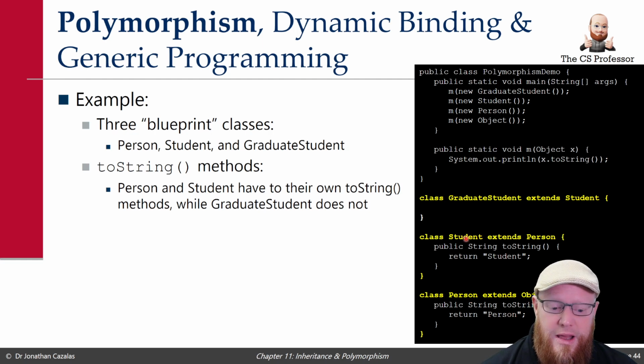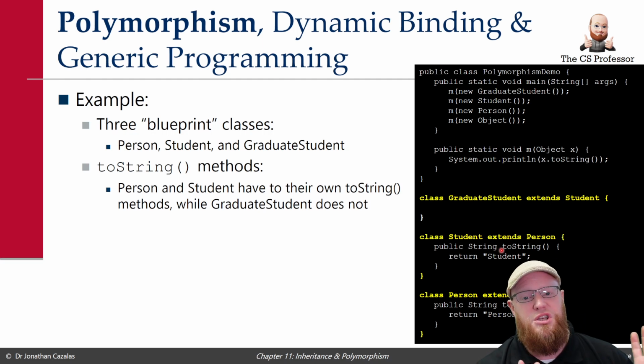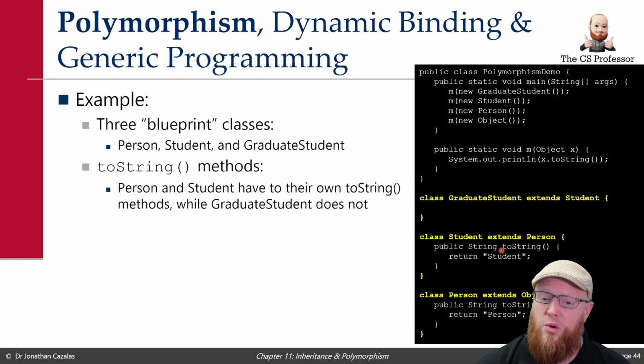The student class does that same thing. When the student class extends from person, the student's like, yeah, thank you so much, person class. Appreciate that toString method that you allowed me to inherit, but I don't really like it. I'm going to make my own toString method. Now, the graduate student, which extends student, inherits this toString method from the student class, and it chooses not to override it.